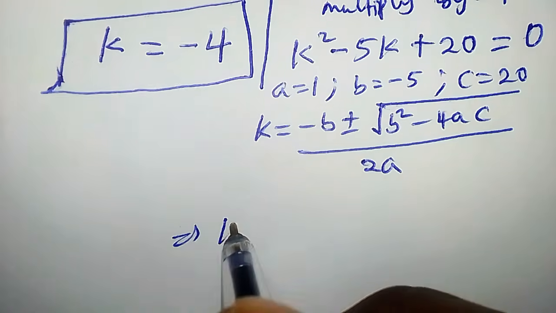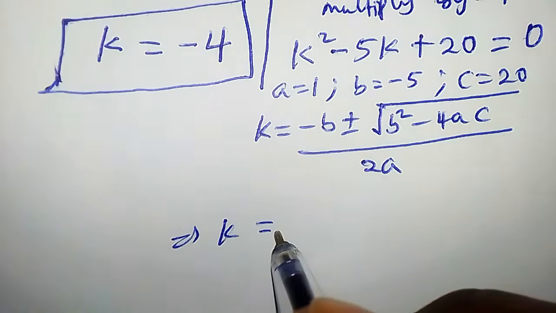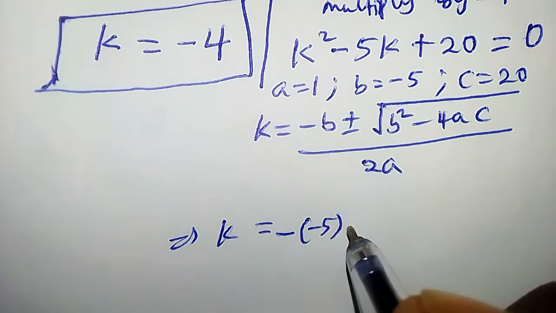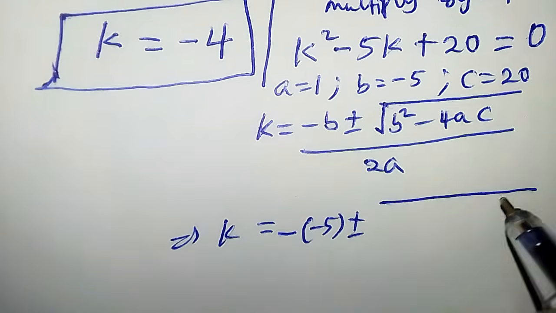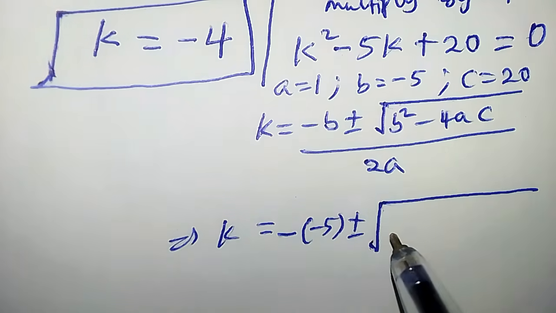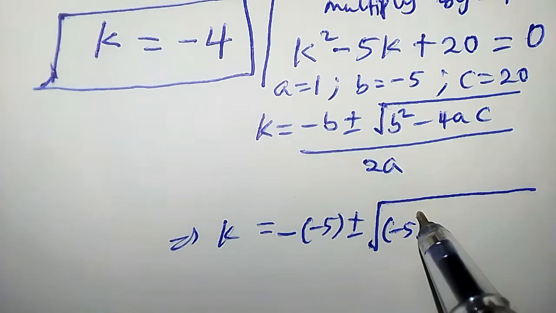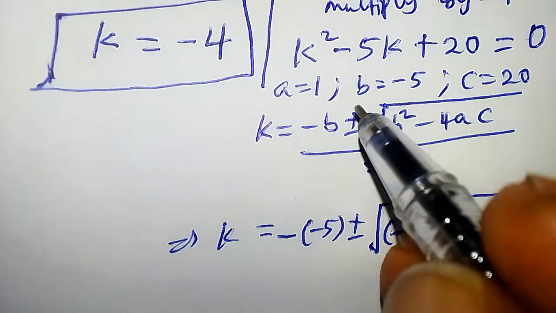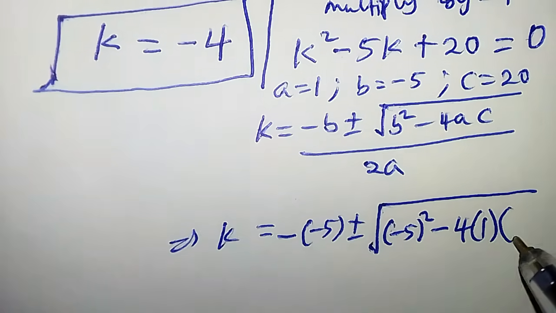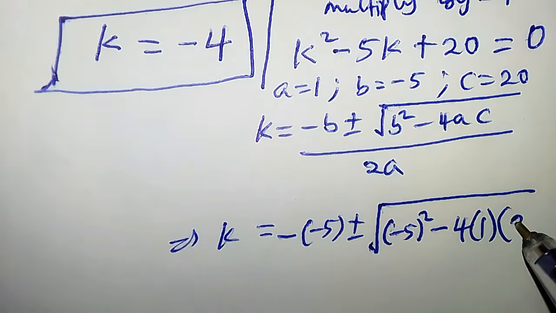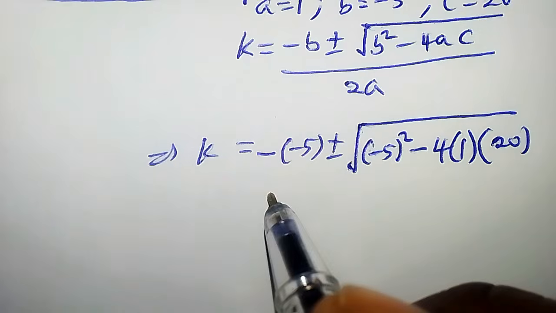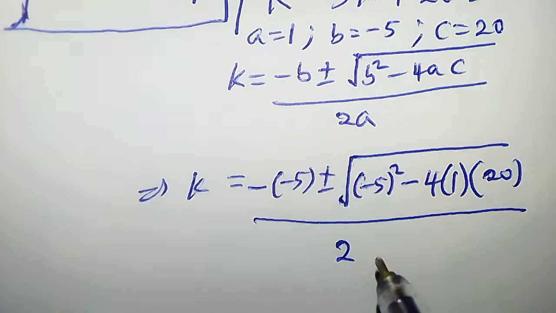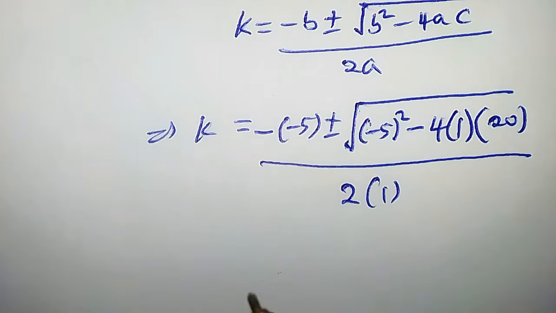This implies that k is equal to minus, what is b? b is minus 5, plus or minus square root of b square, that will be minus 5 all squared, minus 4 into a is 1, into c is 20. Everything divided by 2. What is a? a is simply 1.